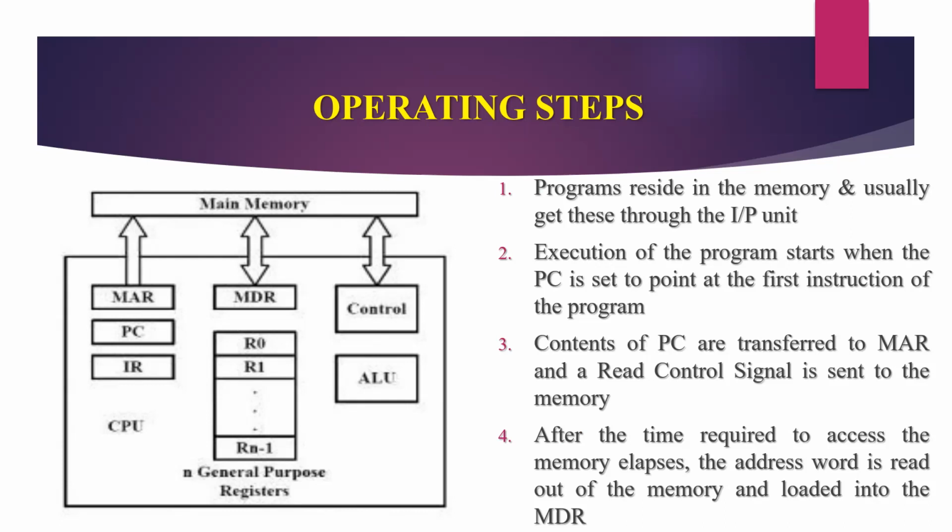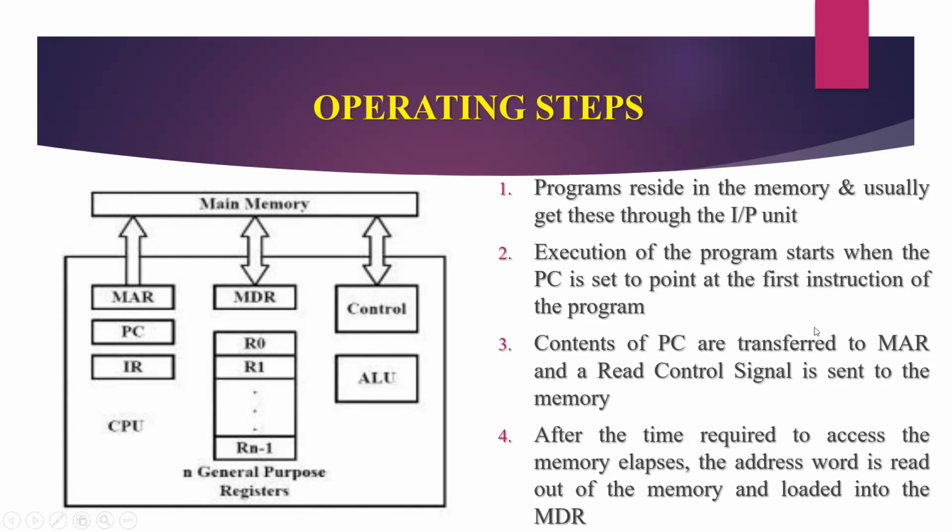It is used to perform the read operation, to fetch the instruction from the memory. The control unit generates the control signal. What is the control signal name? The read control signal, which is sent to the memory. After the time required to access the memory elapses, the addressed word is read out of the memory and loaded into MDR.